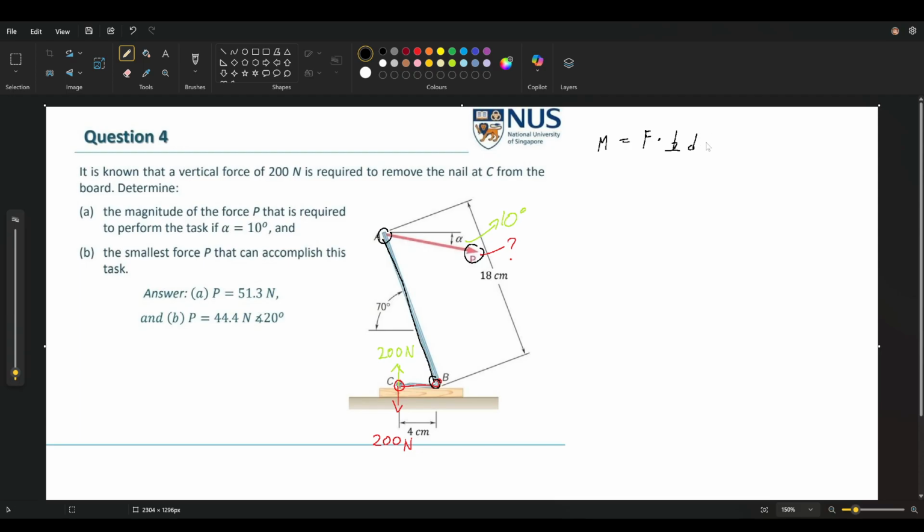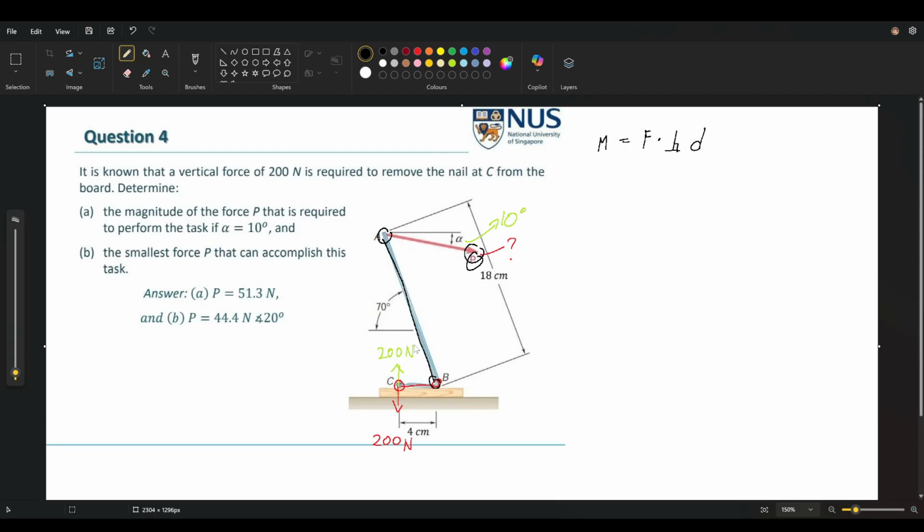Okay? Is this readable? Perpendicular distance. Why did I put 20? With that, let's try to find P. So we know that this P, or the moment induced by P, will be P times 18. Okay, and then the moment induced by the nail will be 200 times 4 cm.